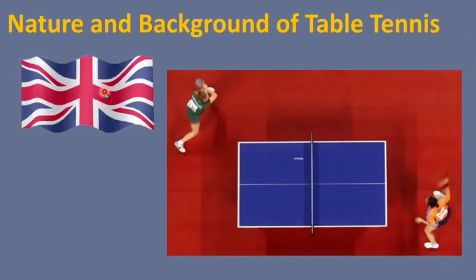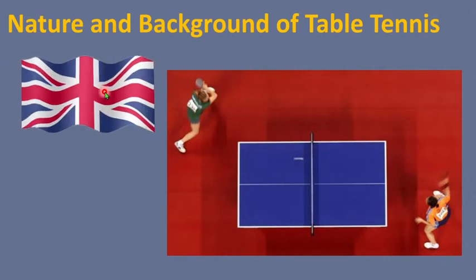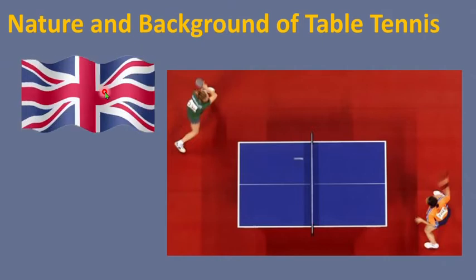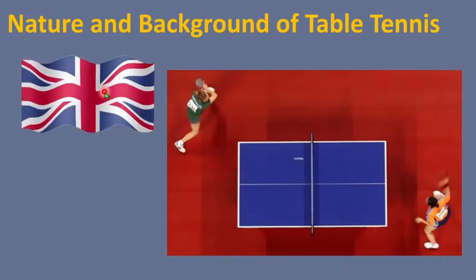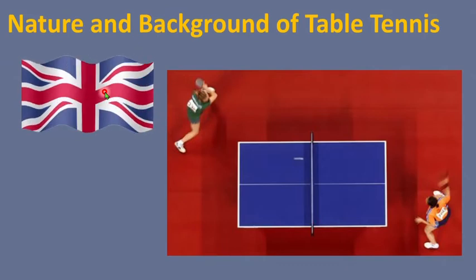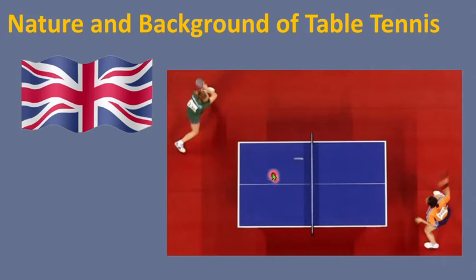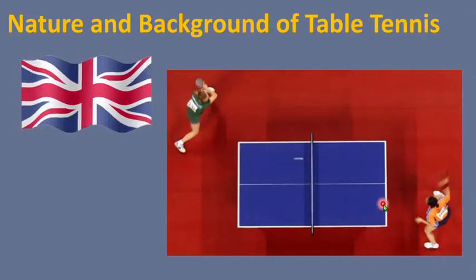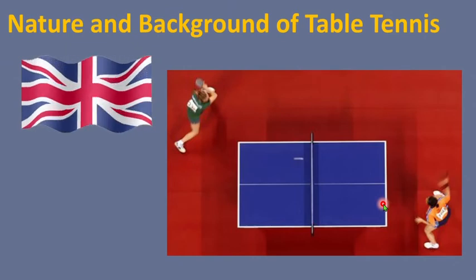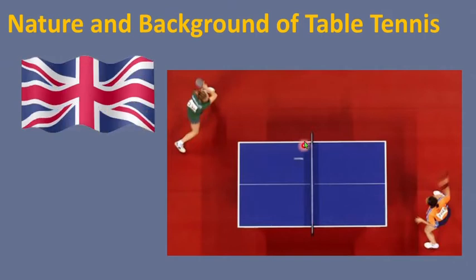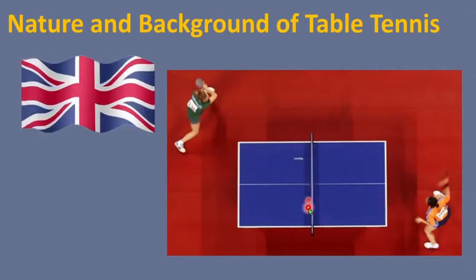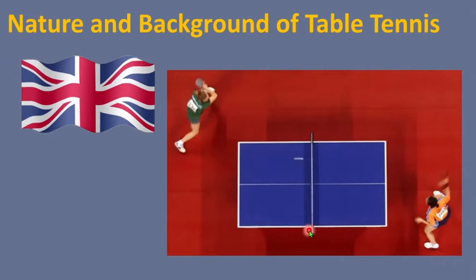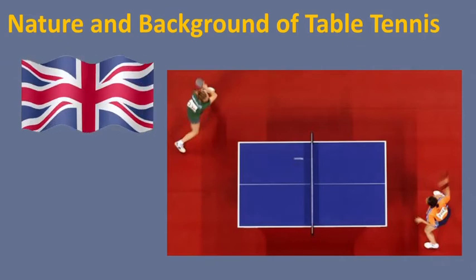The equipment being used is the racket. This sport is played on a flat table divided into two equal courts, just like this one. This is the table of table tennis. It is divided into two equal courts by the net, which is placed in the middle of the table.